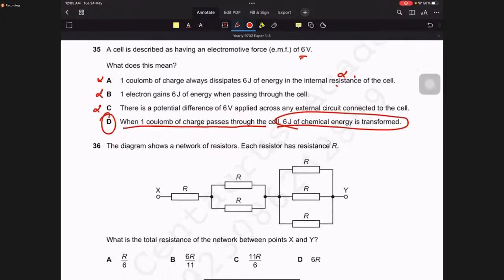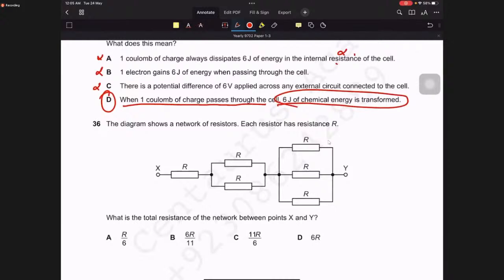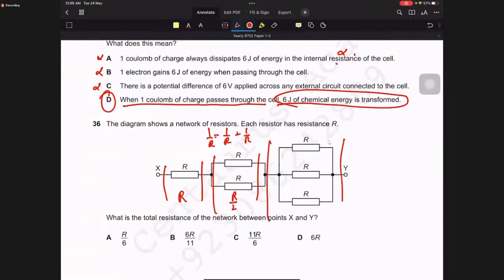Now, question 36. The diagram shows a network of resistors. What is the total resistance of the network between X and Y? This section is R. This section is 1 upon R plus 1 upon R equals 2 upon R, which makes it R by 2. You can check. This section will be R by 3, right?